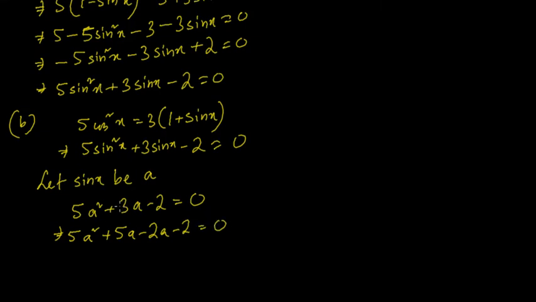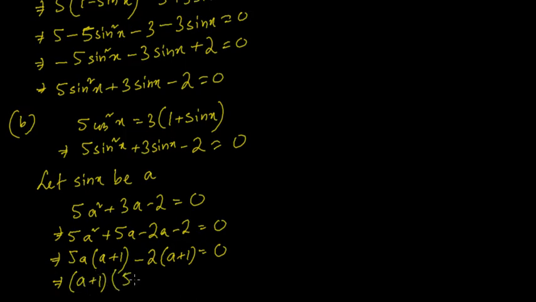So the middle term break is, if you subtract this, it will be plus 3. You have to make sure it is positive. This is very, very important. So if you take 5a common, it would be a plus 1. If you take 2 common, it would be a plus 1 equals to 0. Now the middle term break would be a plus 1 into 5a minus 2 equals to 0.